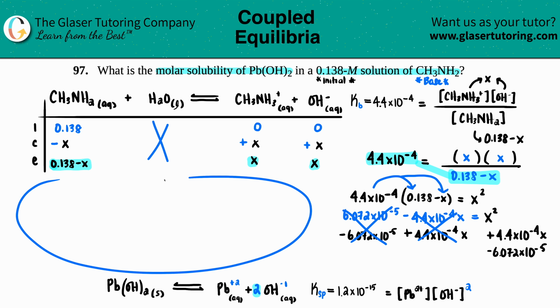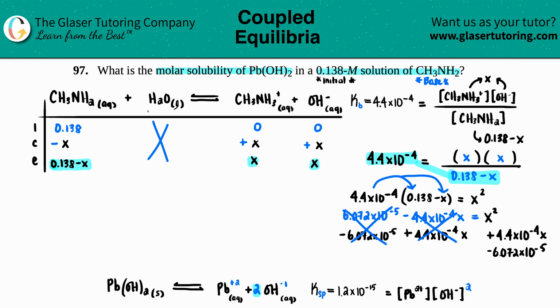So I'm just going to start over here. So in essence, we have 0 equals x squared. So maybe I'll color code this now. So I'll say x squared plus the 4.4 times 10 to the negative 4th x. And then this would be minus 6.072 times 10 to the negative 5th.